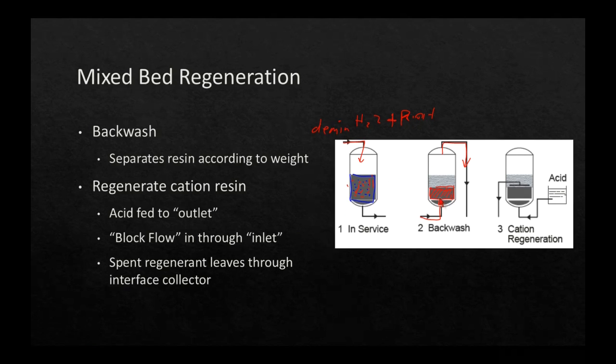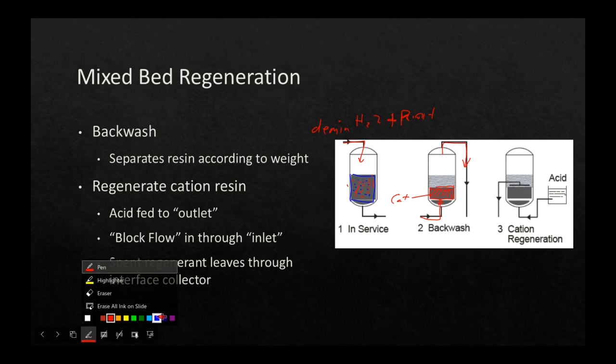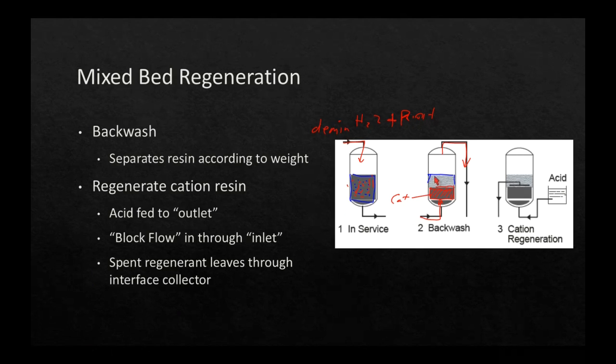The heavier resin, which I believe is the cation resin, the cation resin is heavier. Even though it's just a tiny little bead, it's more dense, and after the backwash, it's going to go to the bottom. So for a mixed bed, the backwash also serves to segregate the beads into their two varieties.